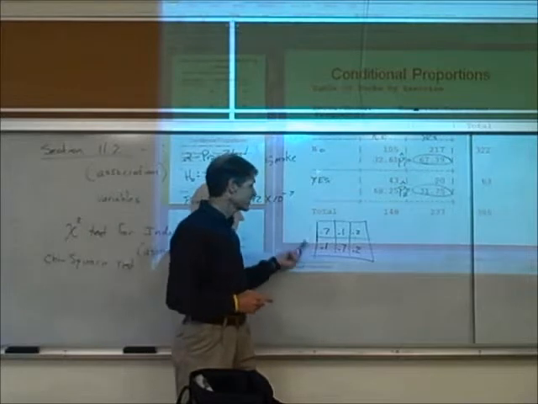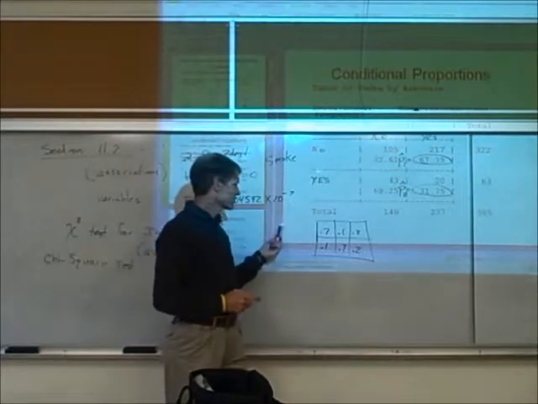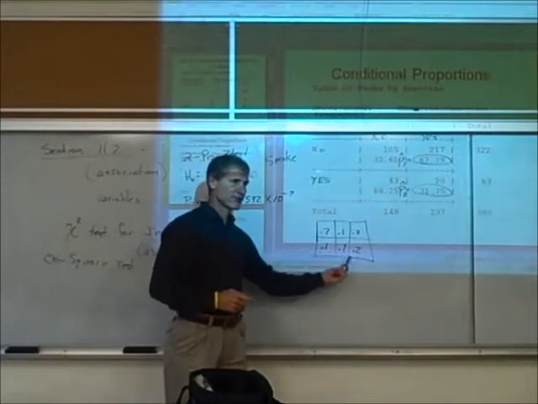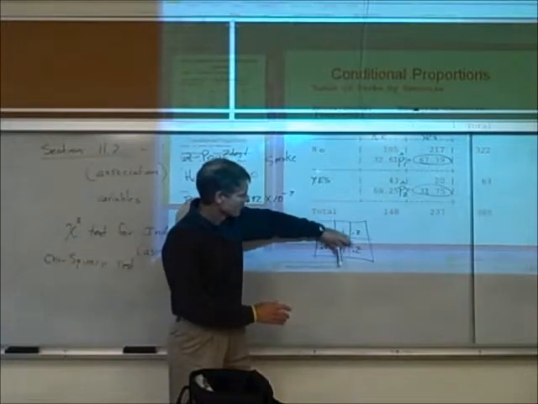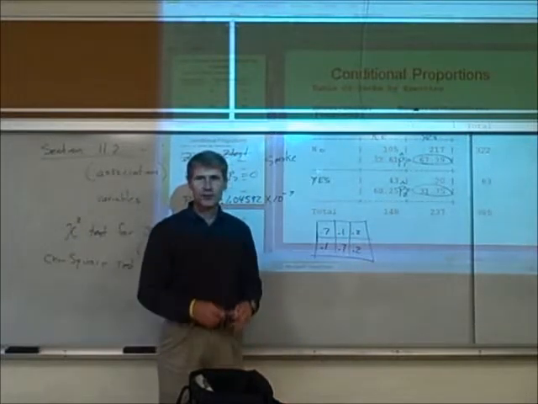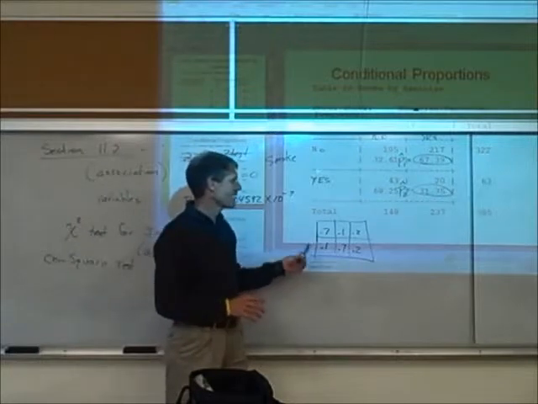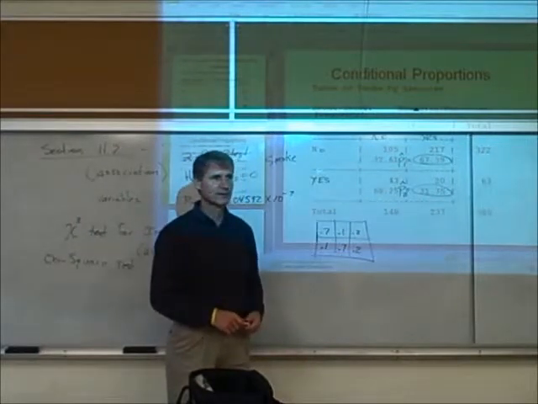Then clearly these two are different, right? If this were smokers and non-smokers, they're very different, but if you just test those two proportions, you'd say they're the same. So a 2-prop z won't work if you've got more than 2 proportions to compare.